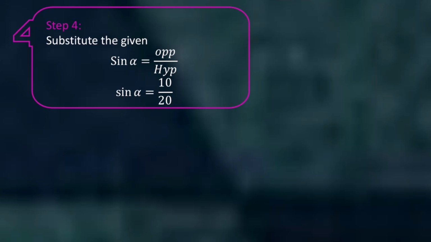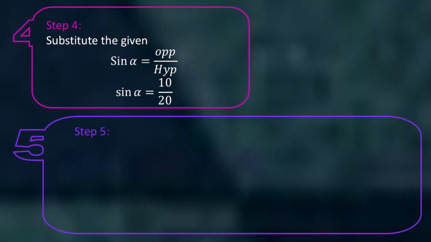Yung opposite po kasi natin, yung height po ng wall at yung hypotenuse natin is yung length ng ating ladder. Step number 5 is simplify. Ang una ko pong ginawa dito is nilowest term ko po muna yung nasa right side ng equation. That is 10 over 20. Pag nilowest term natin siya, that is 1/2.